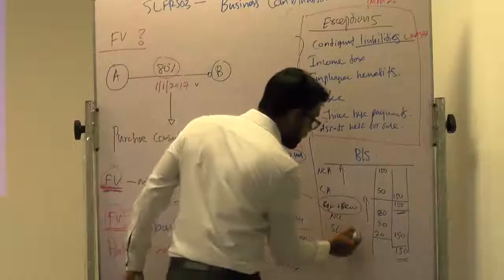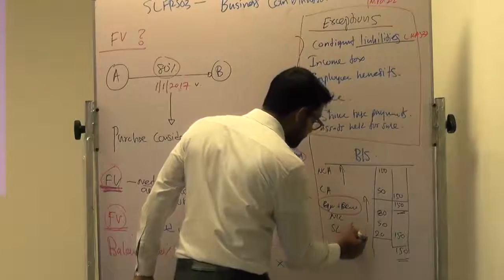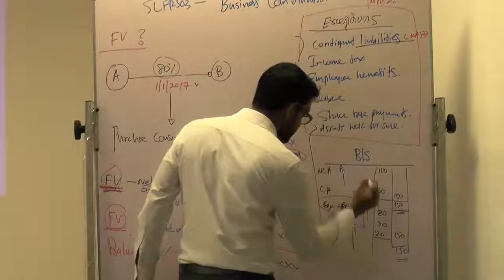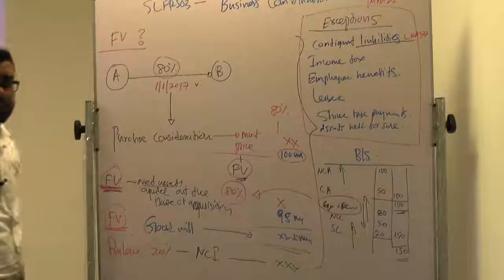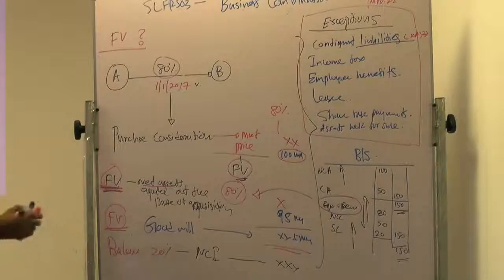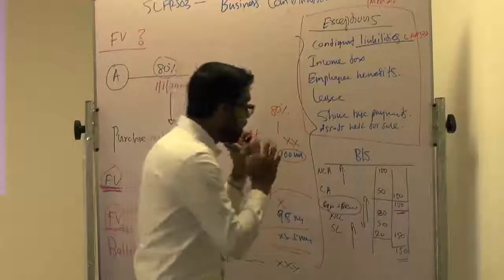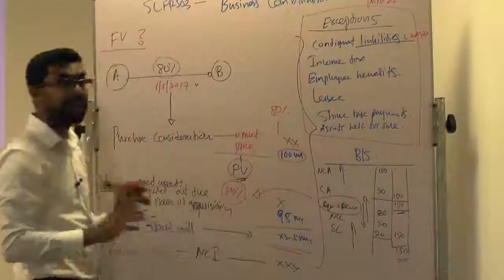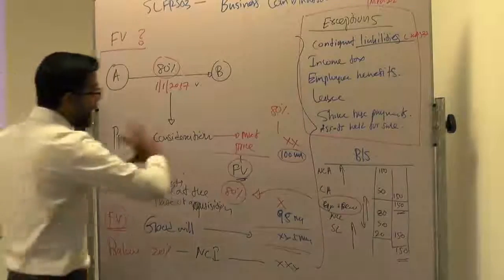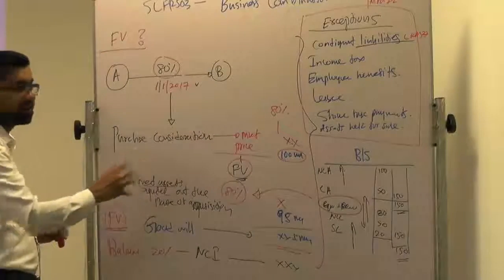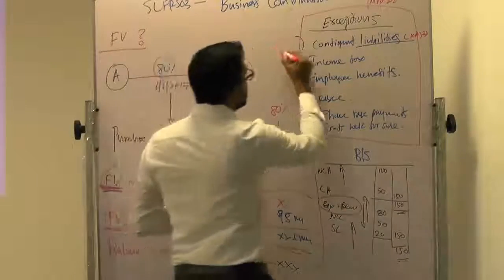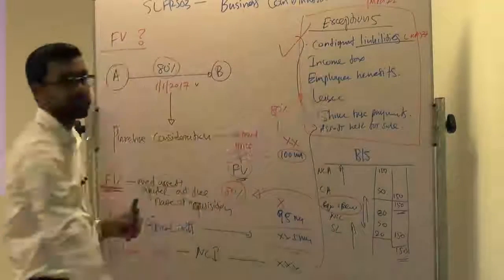If liability increases, equity reduces. That is the accounting equation, simply. But contingent liabilities we will not recognize in the financial statements of any entity, but when you prepare consolidated financial statements, you have to consider contingent liabilities.